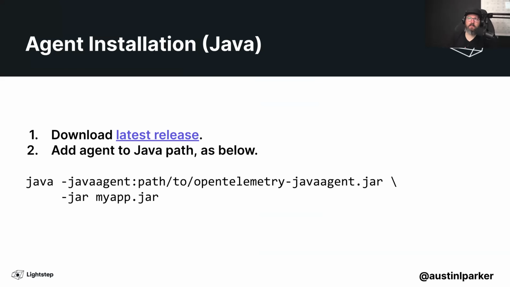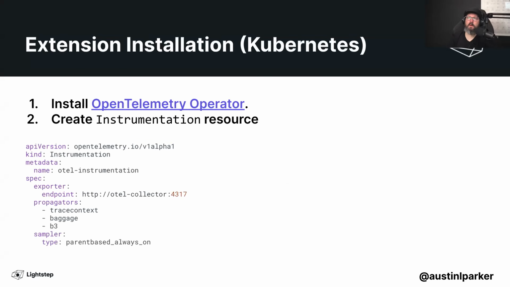Installing the agents is going to vary by language, but it's usually fairly straightforward. For Java, for example, you download the latest release, you add it to the Java agent flag when you're invoking your jar, and there's some configuration you pass via environment variables. If you're using Kubernetes, there's an OpenTelemetry operator that will let you do quite a few things. It will let you stand up collectors to collect telemetry.